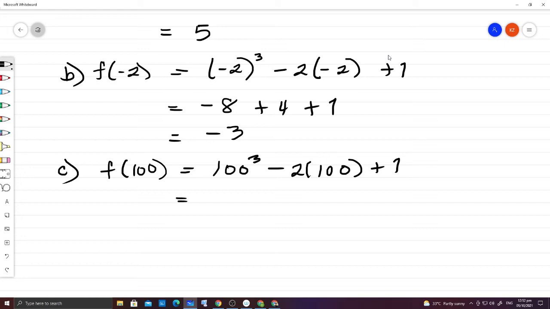What is 100 to the power of 3? 1 million, minus 200, then plus 1. So what is the answer?